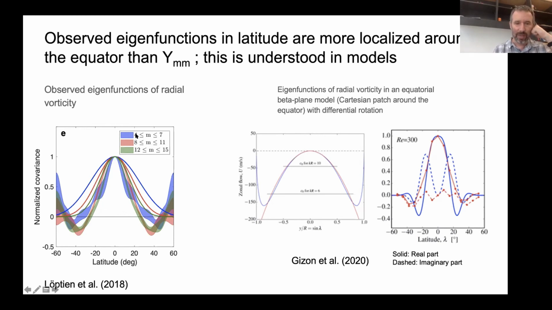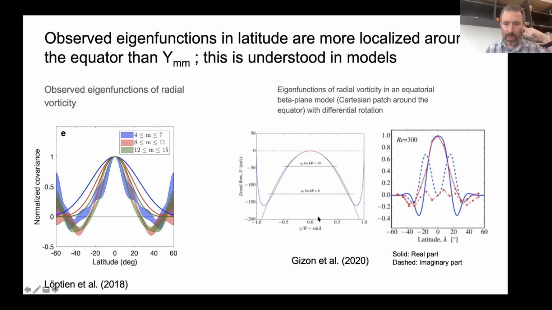They're a little bit noisy, so these are binned in ranges of m, the azimuthal wave number, just to beat down the noise a little bit. And these lines are showing you just the sectoral spherical harmonics. So that's what you would get if you do the textbook problem of Rossby waves in a shallow water system on a uniformly rotating sphere: you find sectoral spherical harmonics. But it's not what happens on the sun. The eigenfunctions are somewhat more localized, and they even have a zero crossing.